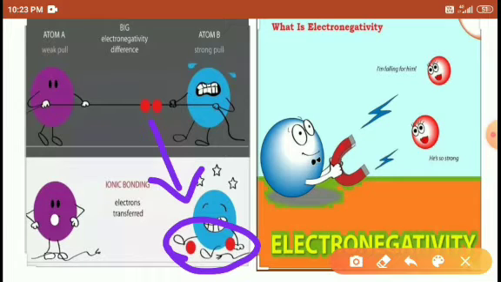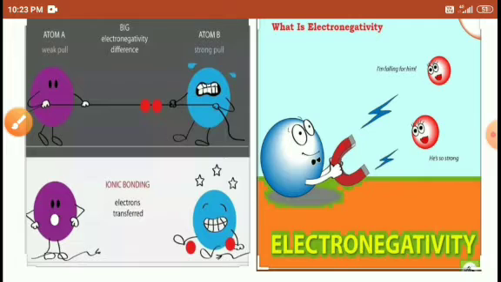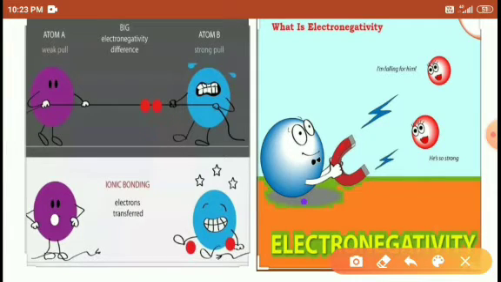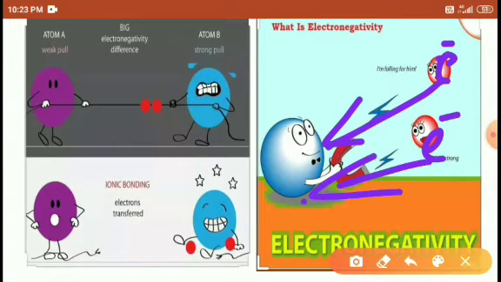So the pair of electrons moves toward the species which has high electronegativity, high reactivity. One more diagram, students: here are two species, with the first electron and the second electron, and both shared electrons are attracted towards the species that is highly reactive or highly electronegative, right?